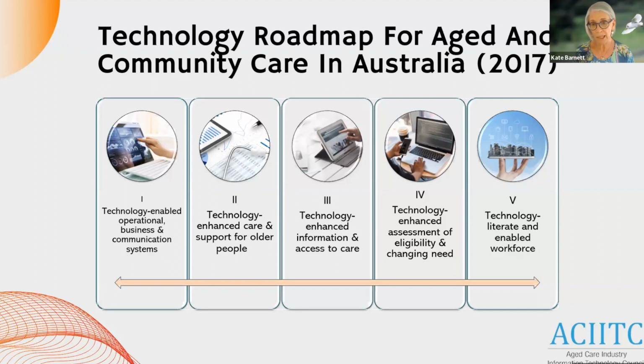So very quickly, the roadmap had the five destinations that you can see on your screen in front of you. It's important to look at these as interconnecting pieces, a bit like a jigsaw. They're mutually reinforcing, and you can't really have one without the other.